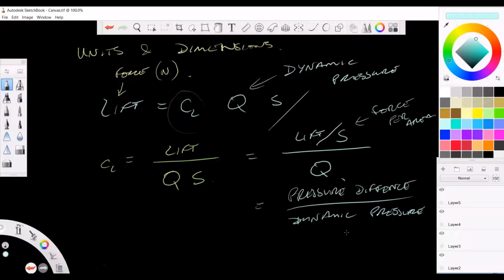Effectively, it's how efficiently you convert dynamic pressure into pressure difference along the wing, which is why it's never much more than 1. I don't think I've ever seen a coefficient of lift even as high as 2. You get high coefficients of lift, but even at low speeds and high angles of attack, it's not that high. So it's the pressure difference divided by the dynamic pressure.